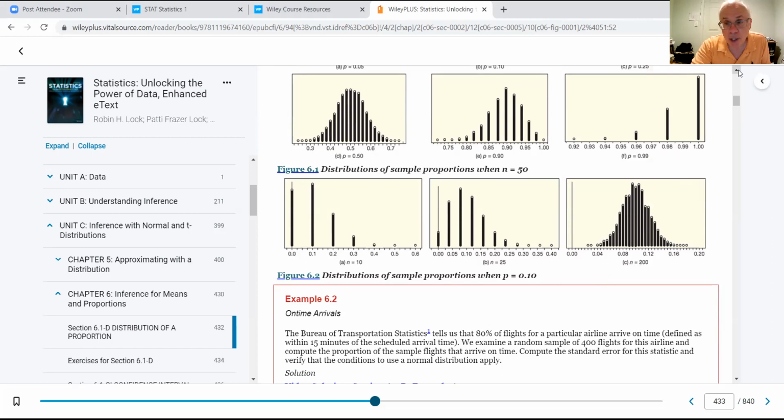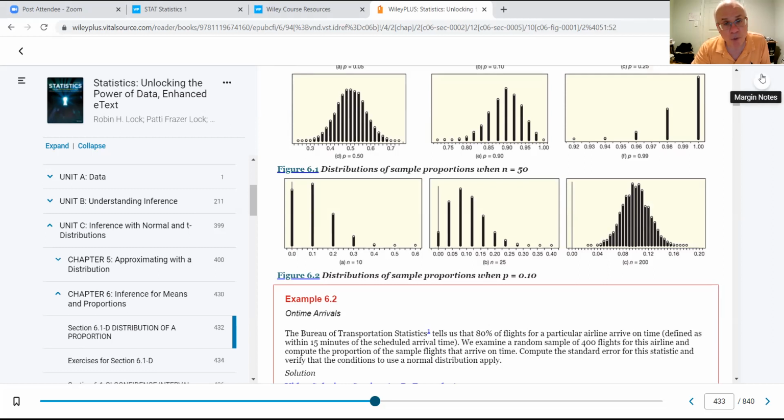Now, on a test, this is something I should mention to you, it may ask, let's say we were creating a confidence interval for a population proportion, and you may be asked, what are the assumptions that you're using? Well, there are two assumptions.